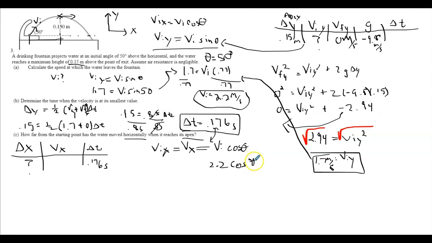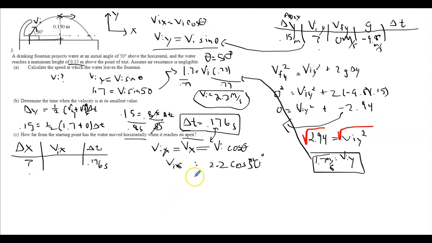Sorry, this mouse is not going the way that I hoped. Let me try to write that a little better. Cosine of 50 degrees. Okay, so that's V_ix, and you can write that little subscript in there and get in the habit. But V_ix and V_x are the same thing in projectile motion because it does not accelerate horizontally.